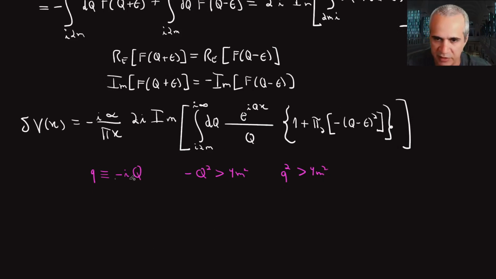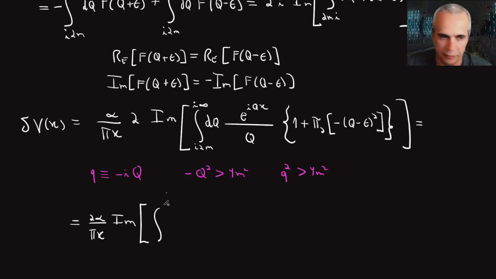But in terms of this new variable here, I can rewrite this integral. There are some simplifications here too. I can drop these minus i together with this i and just write 2 alpha over pi x times the imaginary part of an integral.